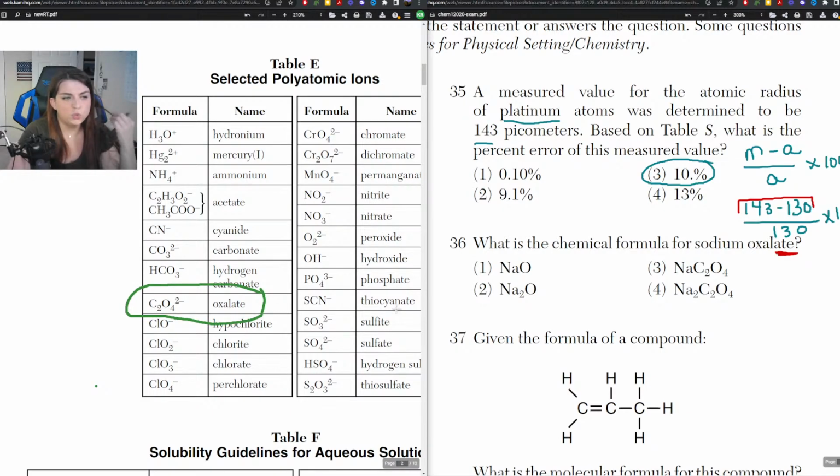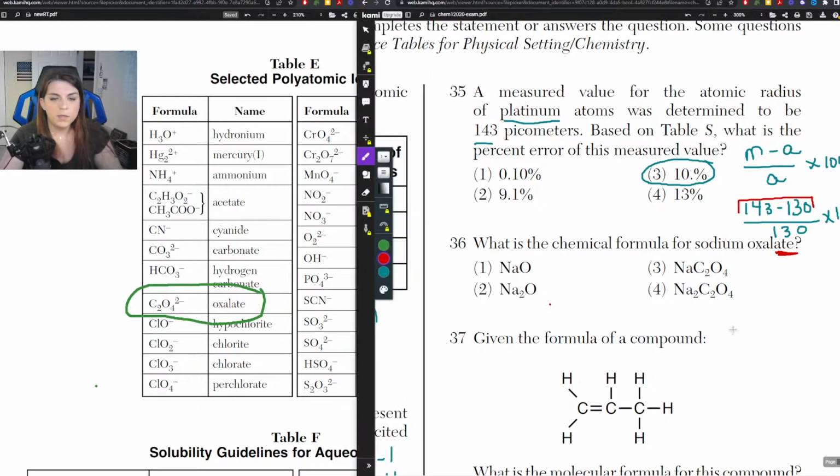C2O4 with a -2 charge. I'm just going to crisscross those. Sodium is a member of group 1. If we look it up on the periodic table, it has a +1 charge. And then we have the oxalate ion, which is C2O4 with a -2 charge.